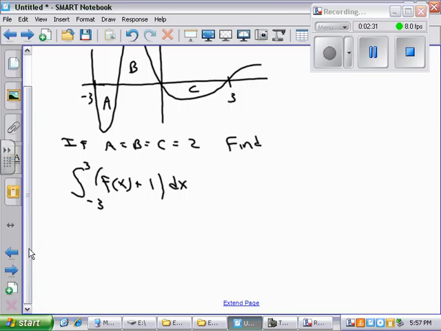So the first thing we can do is break it up into the definite integral from -3 to 3 of f of x, which we're going to get from the graph, because we know the connection between definite integrals and area. Definite integral is area above minus area below, plus the definite integral from -3 to 3 of 1 with respect to x. And that we're going to get from knowing how to integrate using the formulas.